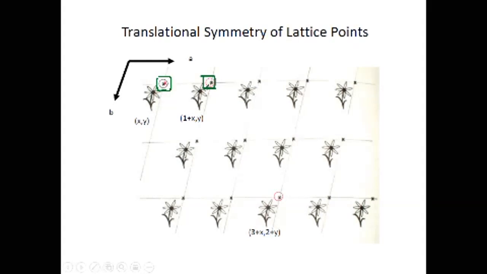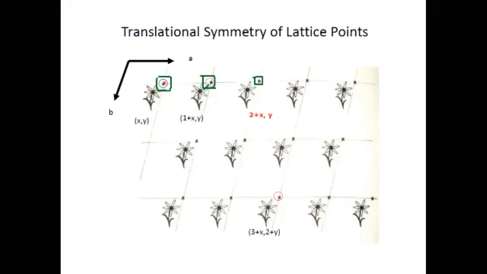And then if we were to look at the next one, this lattice point, this would be 2 plus the original X, Y. So again, all we're doing is translating along the A-axis, which in crystallography refers to the X-axis.